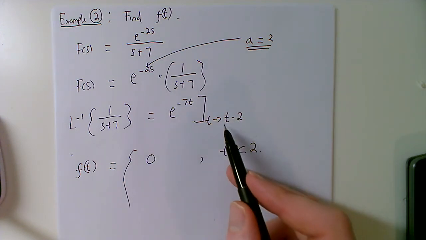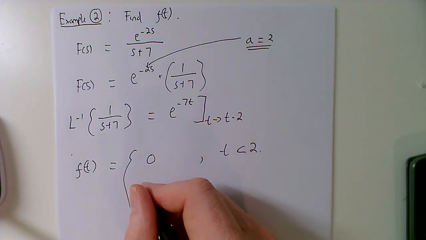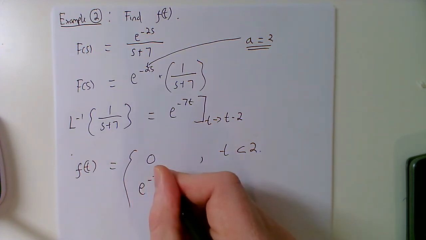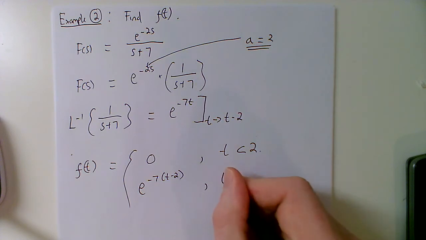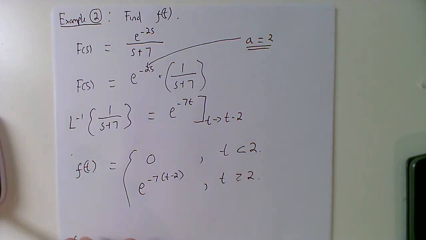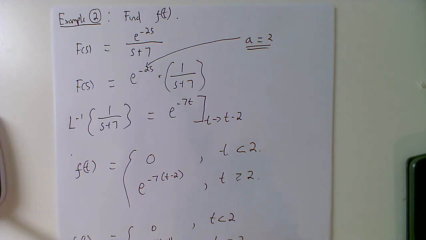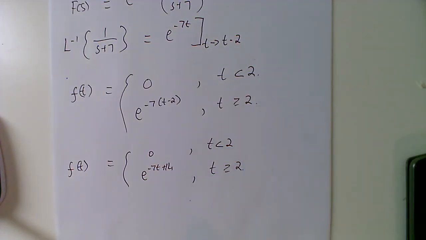But remember that t has to become t take away 2. So I just multiply that bracket, so that means that the inverse Laplace transform is 0 everywhere before 2, and the function e to the power of negative 7t plus 14 at 2 or greater than 2.